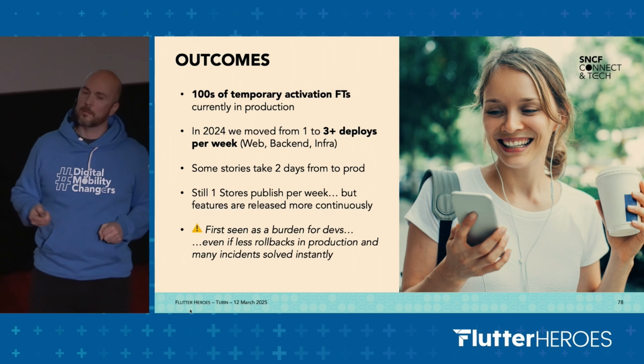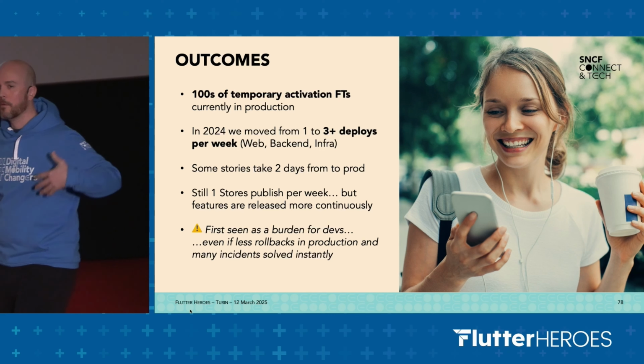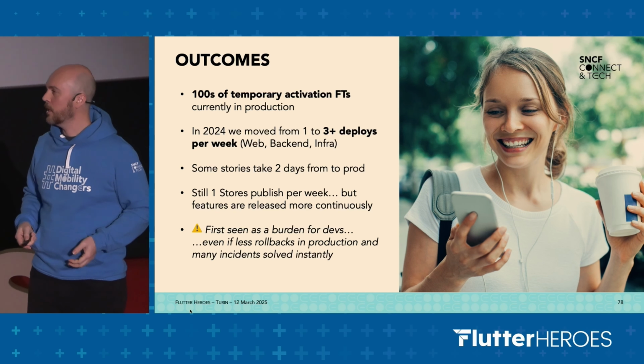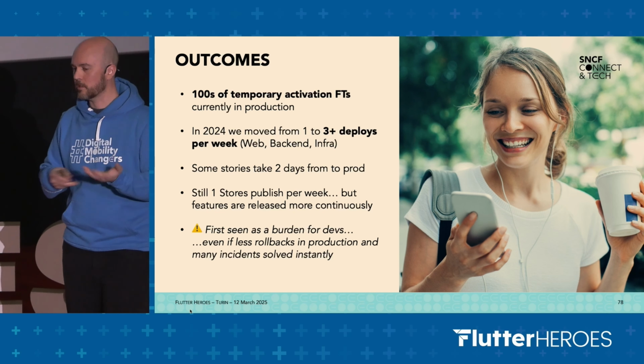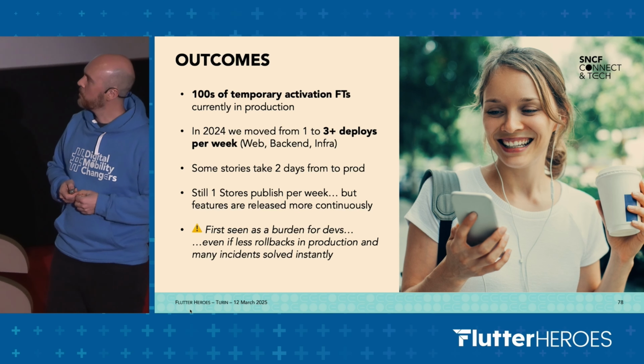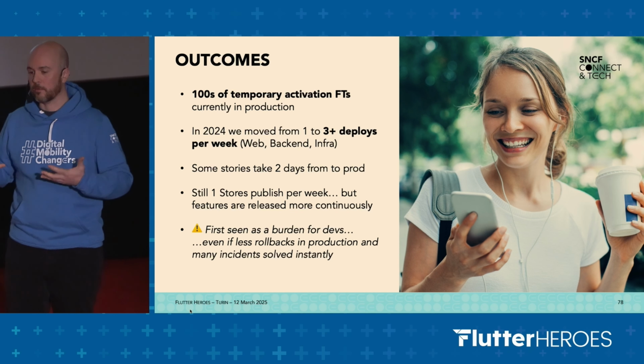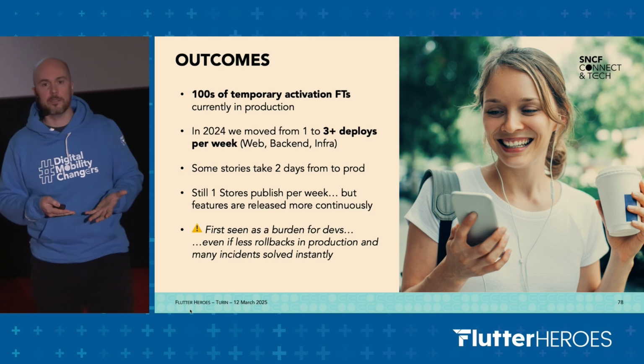But we'll see that we have the ability with the feature flags to activate things more continuously. And you have to notice that it was first seen as a kind of burden for developers, because for every change, adding a toggle, having a new routine to test it, it was some complexity we added. Even if at the end of the year we could observe fewer rollbacks and fewer incidents.